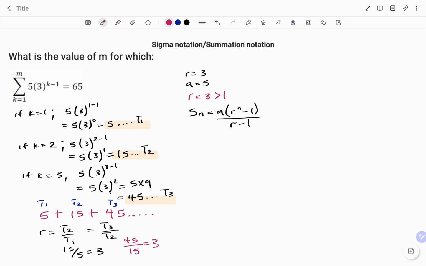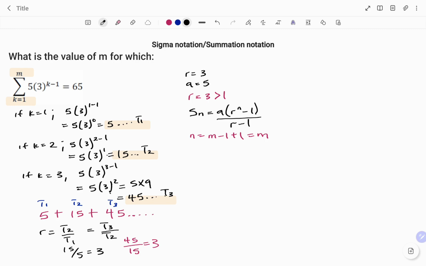To find my n, my upper limit is m, and my lower limit, my k, is starting from 1. So therefore, calculating the value of my n, I have n equals m minus my lower limit, that's 1, plus 1. And 1 minus 1, that's 0. So therefore, my n is equal to m.